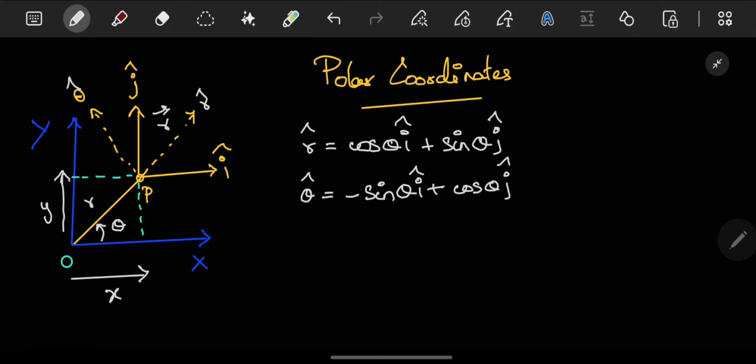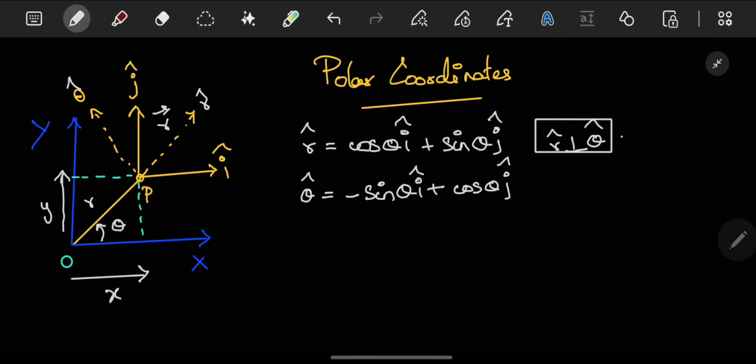We have to know that r cap is the unit vector along the direction of the increasing value of r, and theta cap is the unit vector along the direction of increasing value of theta. And also we know that r cap is perpendicular to theta cap. So now we have found the values of r cap and theta cap.